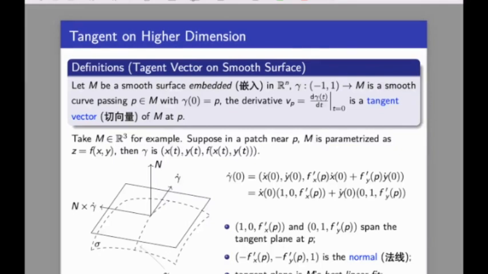And like the tangent line is the best local linear fit of a curve, the tangent plane is M's best linear fit near P.